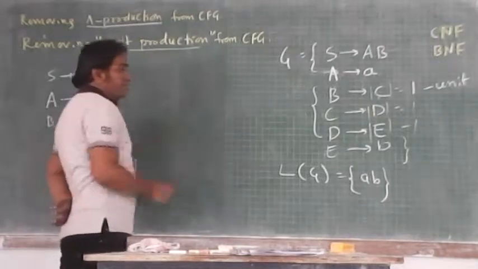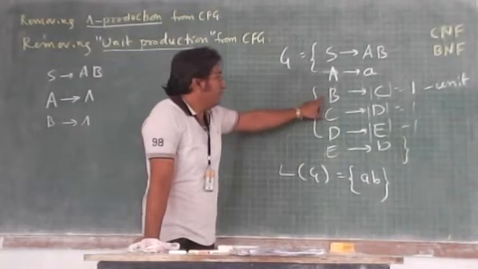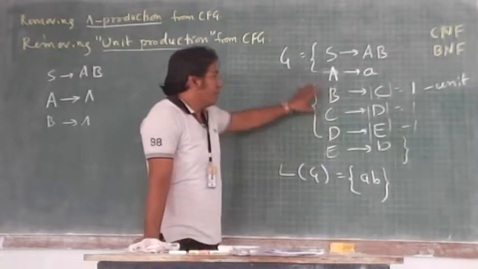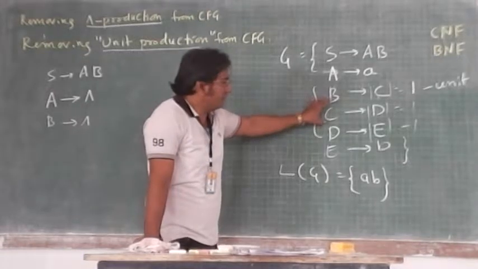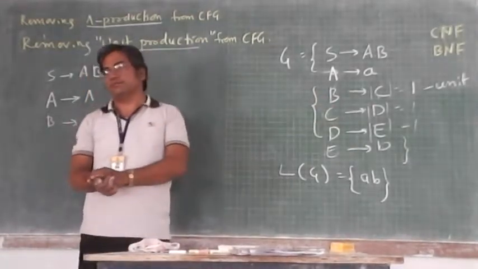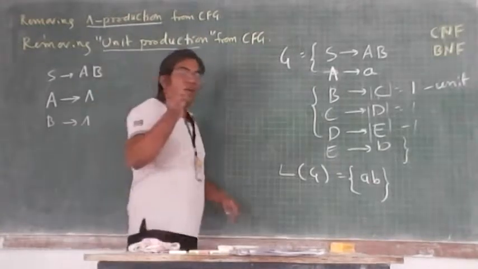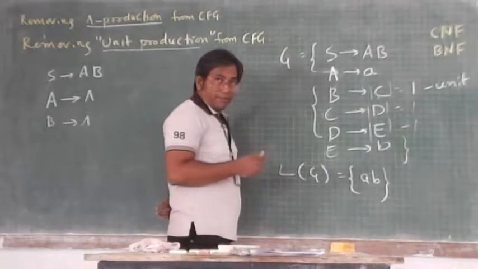So in this grammar I can see three such unit productions. By observing this grammar, I clearly can see that these three productions are not really contributing to the derivation. That is why I am making a decision to remove them.